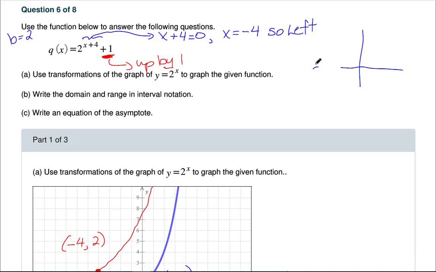And if we graph 2 to the x, it looks like the following. Crossing at 0, 1. So this is anytime b is bigger than 1. So in our case, what's going on? We have this plus 1 on the end, which means it's going to go up by 1. I've got the x plus 4, so that's a left or right. I get x is minus 4, so we go to the left.